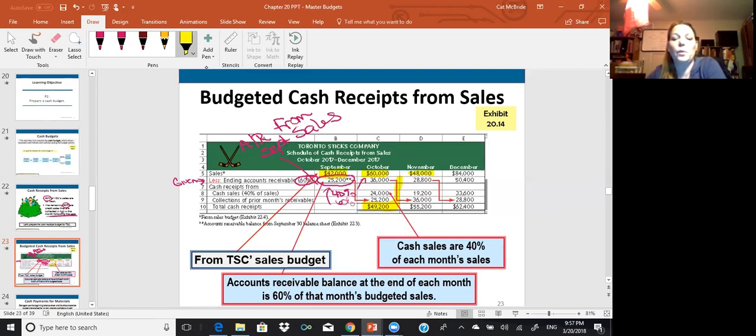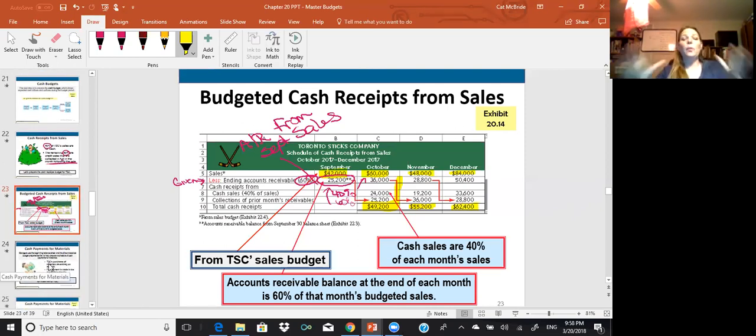So in November, we should bring in $55,200. In December, we have 84,000 in sales. 60% of that won't be collected this month, but we'll collect 40%, which is the 33,600. We'll also collect the 60% left over from November, the 28,800. So we'll end up bringing in 62,400 from sales. All right, are we good here? Yes.